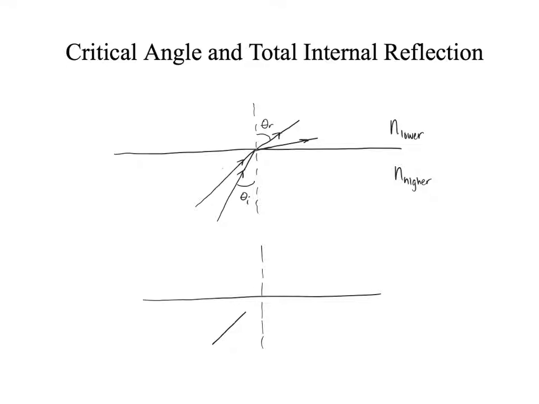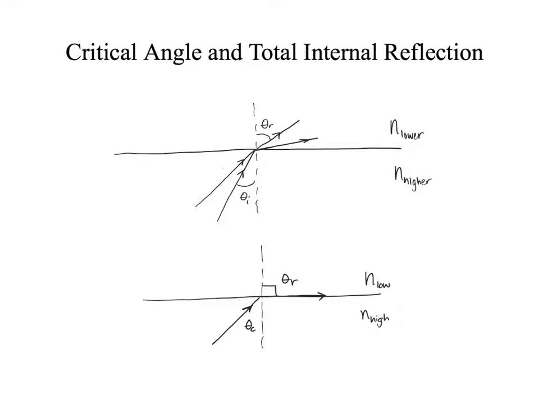where at a particular angle, which we call the critical angle, the angle of refraction will actually be 90 degrees. And so we're going to call this N low, and this is N high.